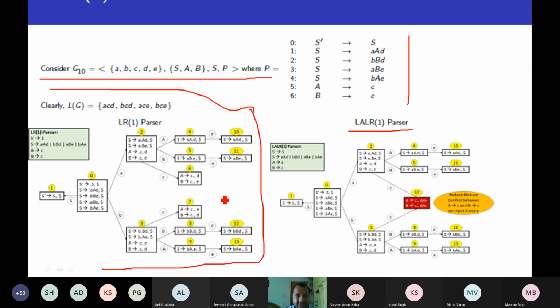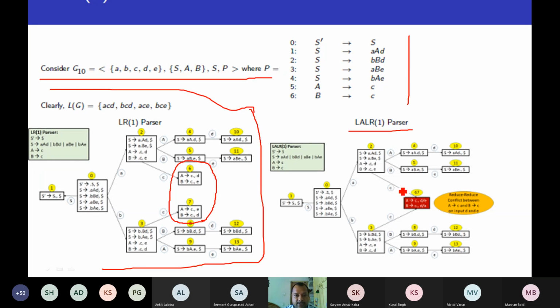So you see that merging is done for 6, 7. Again, I am not going into details. Please work out and check this one. If you have any confusion, let me know. We'll discuss them, because we have discussed enough about the parsing table and its construction.